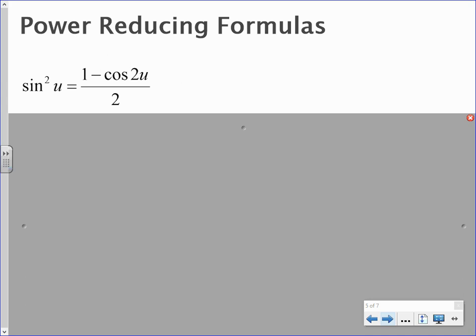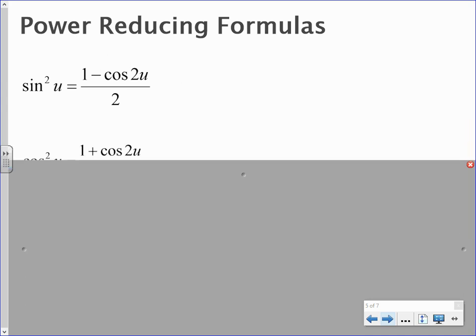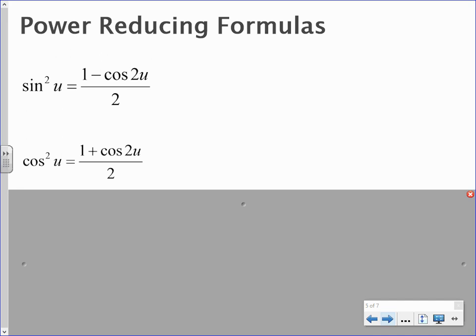Any guesses? Someone says it's going to be sine. It would be more logical, but it's actually just a plus instead of a minus. So it's even easier to remember.